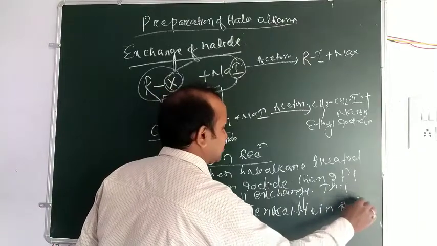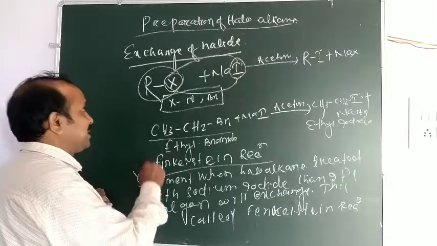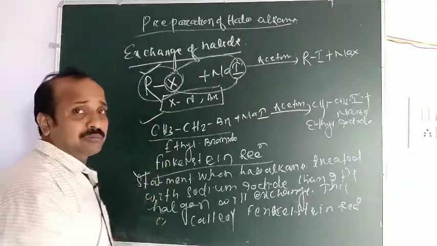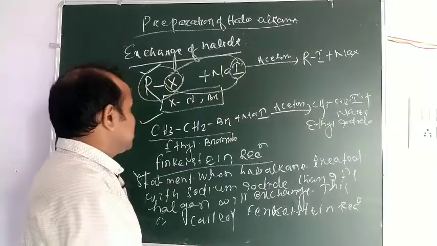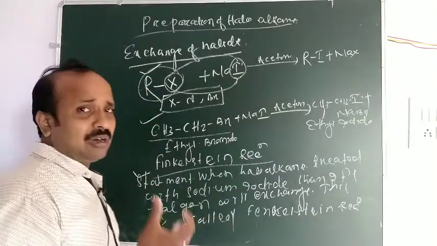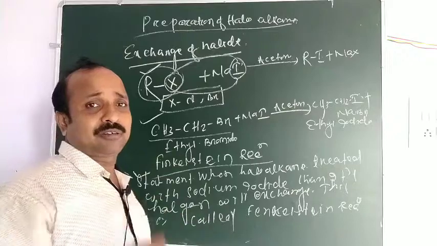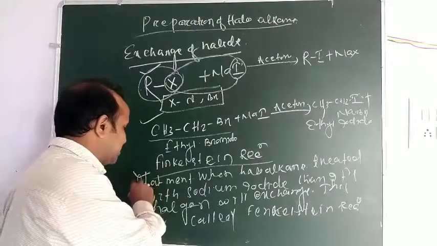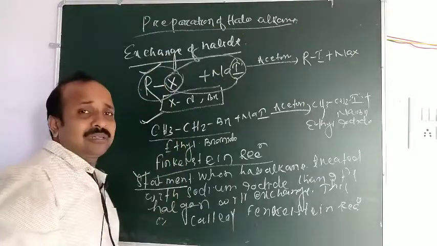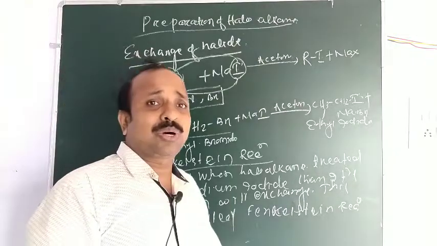First you write the statement, then the general form, then an example. You cannot just write that this is called Finkelstein reaction; you complete it in one sentence. Then we read about the Schwarz reaction.